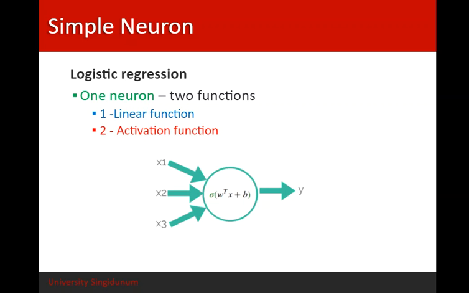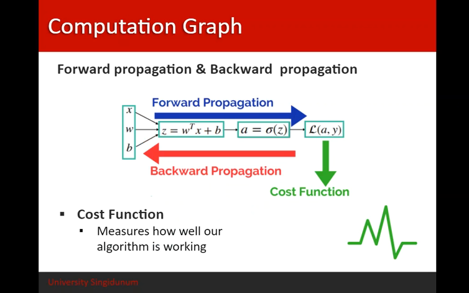First, we have the linear function, we take the output of that linear function, then we calculate the activation function, and then we get the output y. We have here the computation graph, which can represent any function, and these rectangles in the computation are steps of computation that we go through in forward and backward propagation. We will see more details about the forward and backward paths in the following slides.